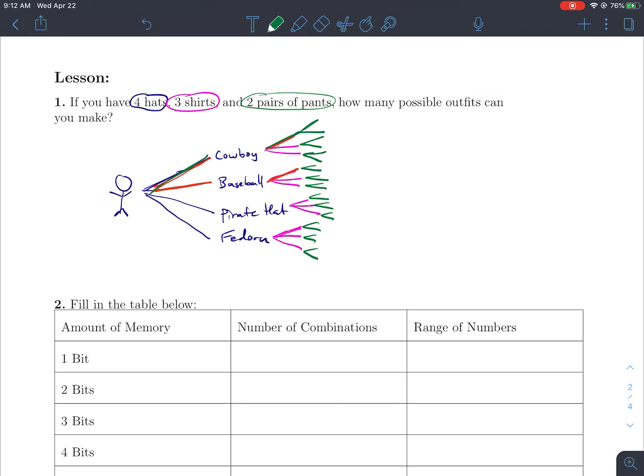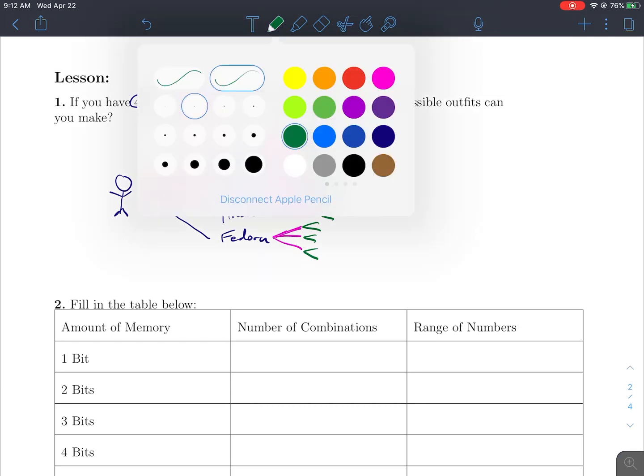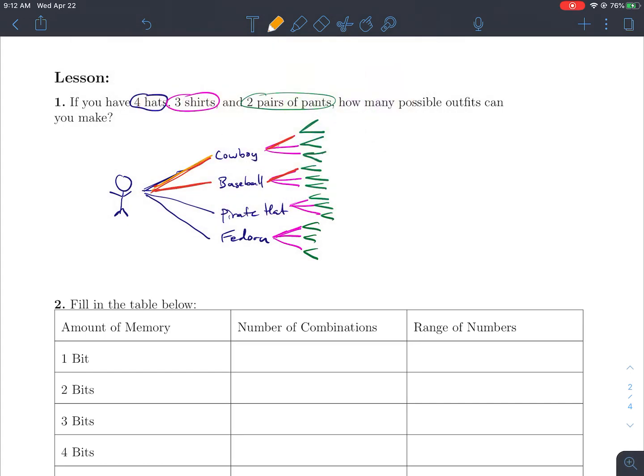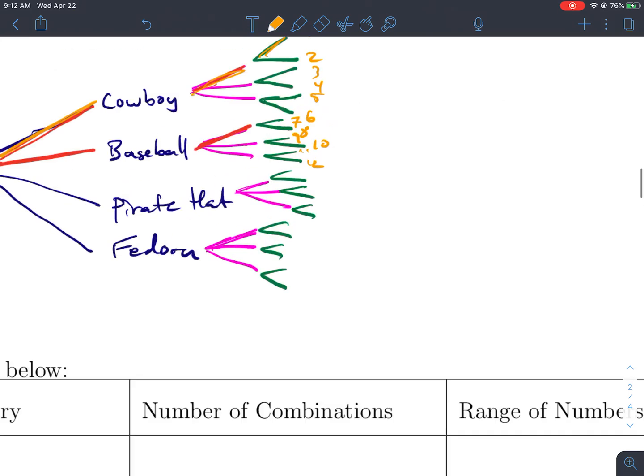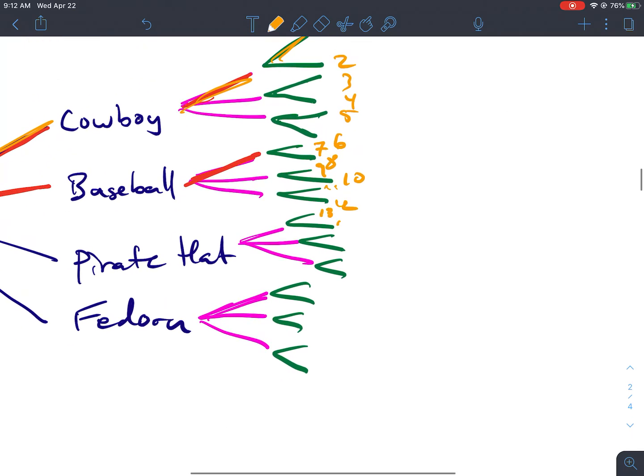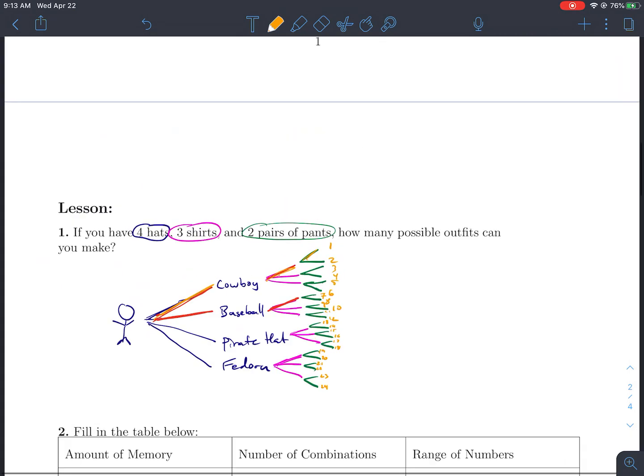If we go completely up this route, so the first hat, the first shirt, and the first pair of pants, that would be 1 outfit, 2, 3, 4, 5, 6, 7, 8, 9, 10, 11, 12, 13, 14, 15, 16, 17, 18, 19, 20, 21, 22, 23, 24 different outfits.